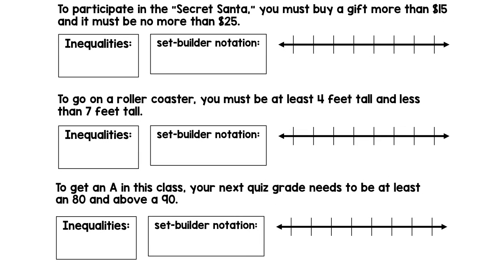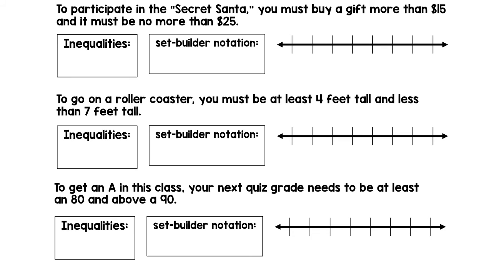Let's do a few examples of this, and then I'll send you on your way. Number 1, to participate in the Secret Santa, you must buy a gift for more than $15. So X has to be greater than 15. And it must be no more than, so less than or equal to, 25. So looks like we've got endpoints at 15 and 25, a circle at 15, a dot at 25, and we shade in between.